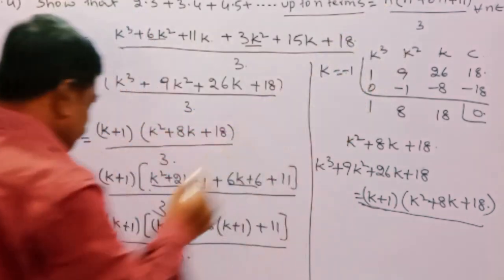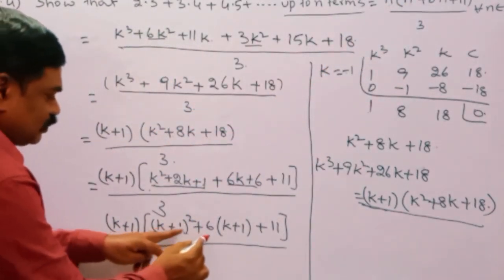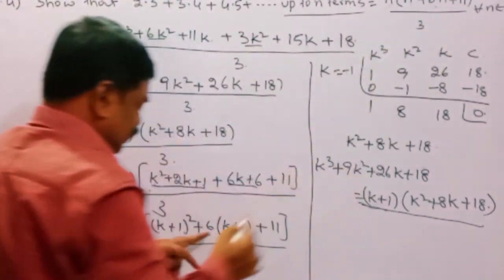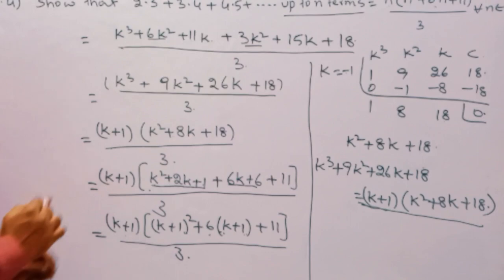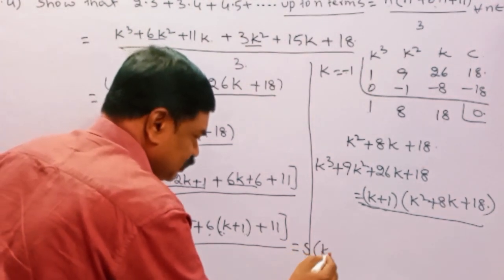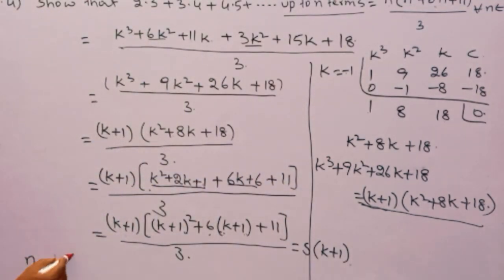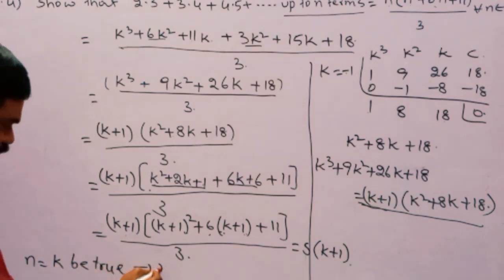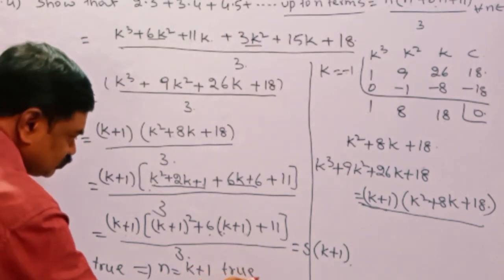Here in n: n square plus k plus 1 square plus 6 into n plus 6 plus k plus 1 plus 11 by 3. This is S of k plus 1. Okay, all of you. So n is equal to k being true implies n is equal to k plus 1 true.